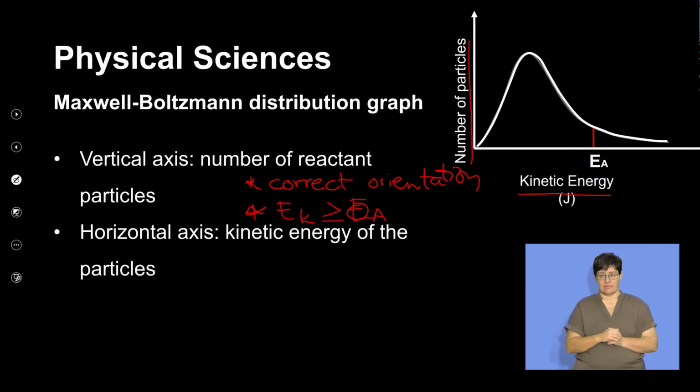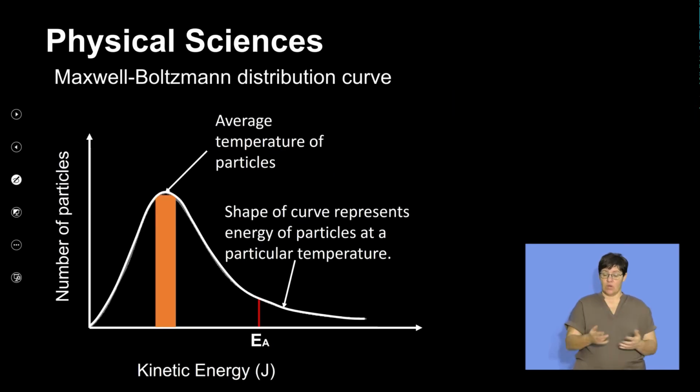activation energy. Right. So when we look at the normal distribution, you will see that most of our particles, on average, lie in that segment. On average, that is also going to determine the peak of our distribution curve.